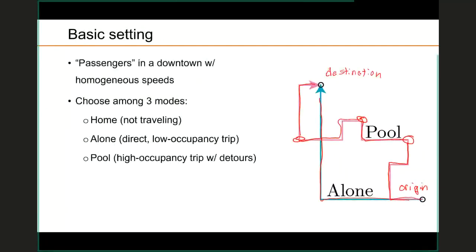So the easiest way to think about the penalty of pool, I think, is to imagine the edge cases. If travel was at light speed, even though the pool trip is a further trip, it has a longer trip, probably almost everybody would take pool because it's cheaper, and the time penalty would be nothing, right?